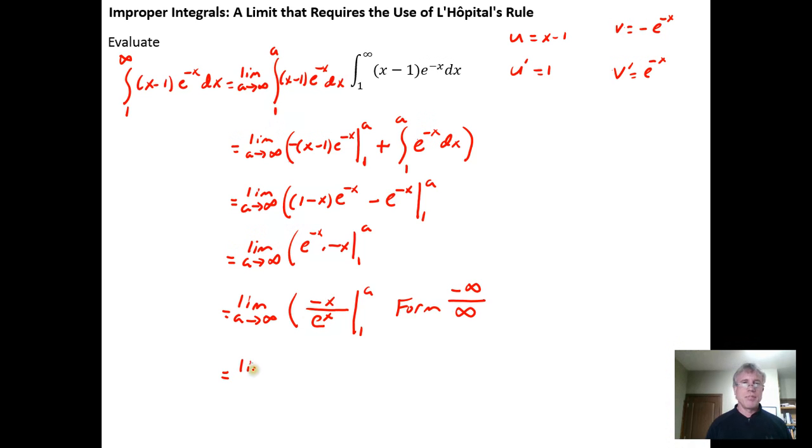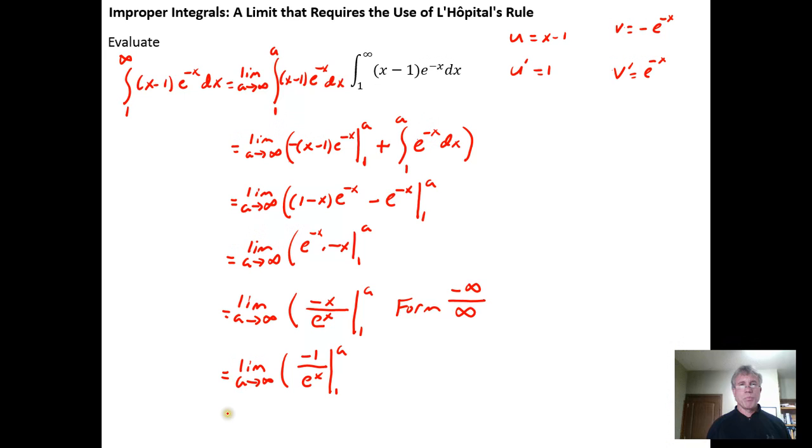So we're going to take the limit as a goes to infinity of, take the derivative of the numerator, which is negative 1, over the derivative of the denominator, which is e to the x, and we're running this from 1 to a.